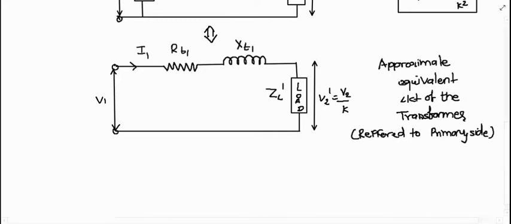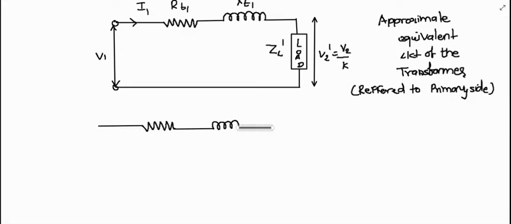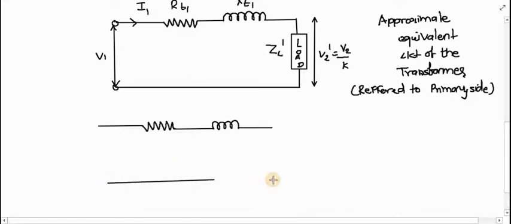Now I will draw the approximate equivalent circuit of the transformer referred to the secondary side, means I am transferring all the primary quantities on the secondary side. So let us draw this circuit.